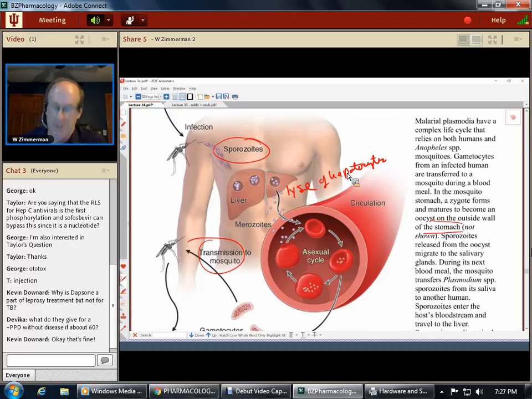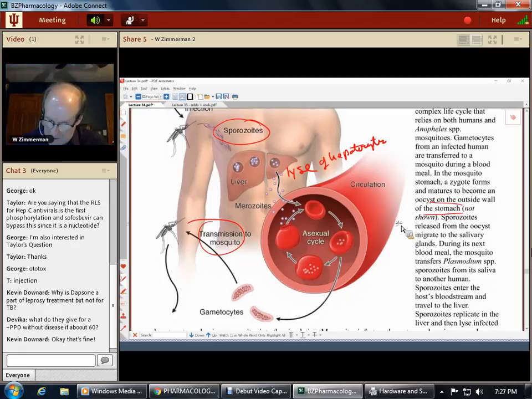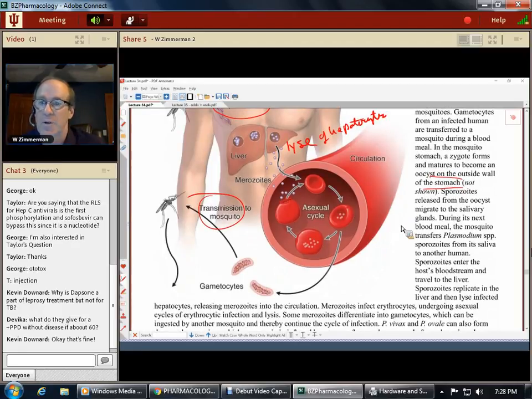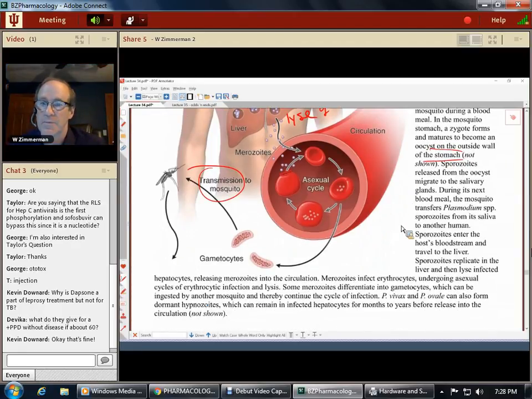But anyhow, this enters into the red blood cells, of course, because that's where they're going to get their food from. And of course, some of these go into the, so it's a small percentage here. Some merozoites differentiate into the gametocytes, which could be ingested by another mosquito, and you get this problem continuing.